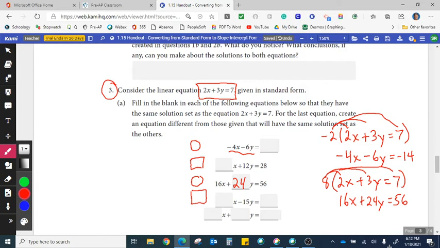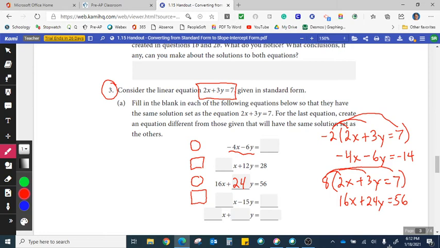The last one asks you to create an equation different from those given that will have the same solution set as the others. When they say same solution set, it means they're the same line. It's the exact same equation. It's just a multiple of that linear equation. So if it's a multiple, you can multiply this equation right here by any number.